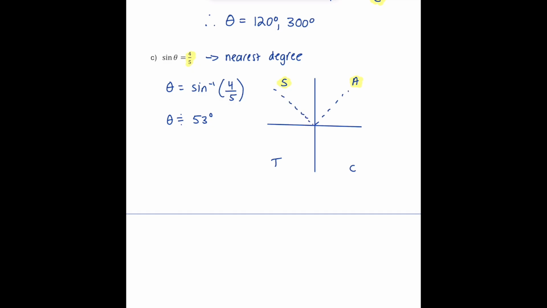I'm making this angle here of 53 degrees and I'm making this angle here of 53 degrees. So I'm measuring 53 degrees and I'm measuring 180 less 53 degrees. So my two possible solutions are 53 degrees and 127 degrees.